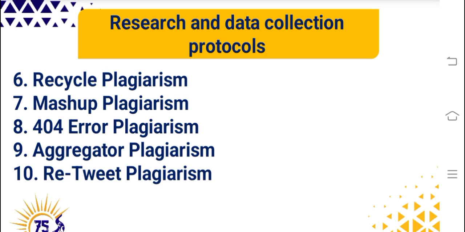A person creates a document by copying from various sources prepared as a single document with the citation but inaccurate or leads to non-existing resources. Number 9, aggregator plagiarism, and number 10, retweet plagiarism.